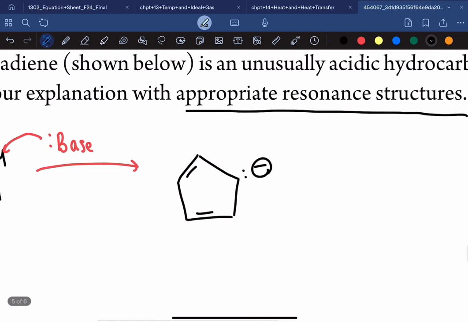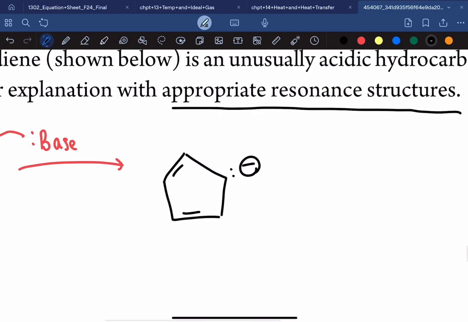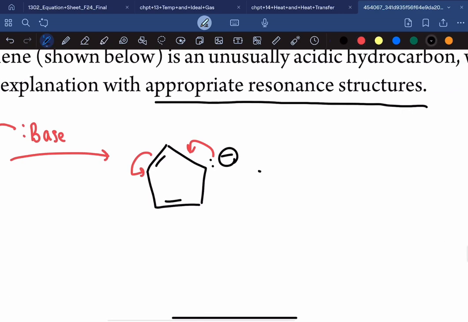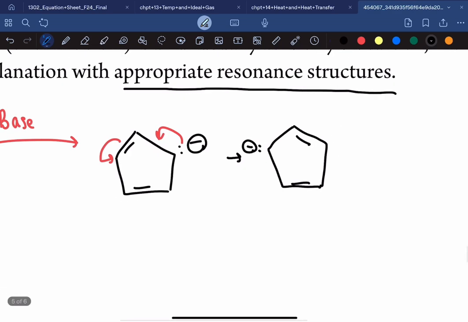So the reason this is so stable is because you can just resonate this minus in so many places. So you can kick this here, right? And kick this here. And that'll give you a new structure. And that'll give you this and this with the minus here. And then similarly, you can just kick this here and move this here. Okay, and now we got another structure.